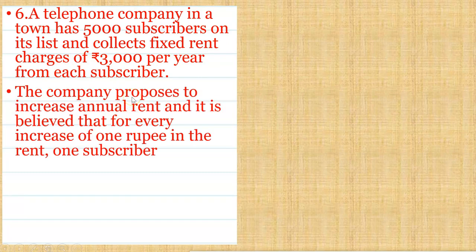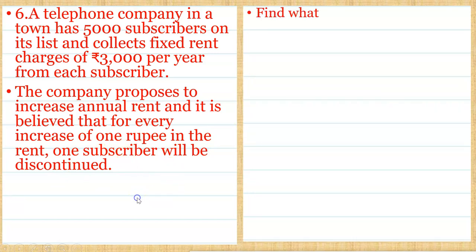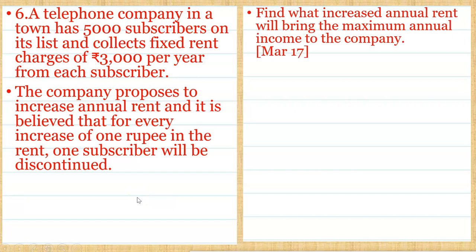The company proposes to increase the annual rent, and it is believed that for every increase of 1 rupee in the rent, one subscriber will be discontinued. Okay, find what increased annual rent will bring the maximum annual income to the company.